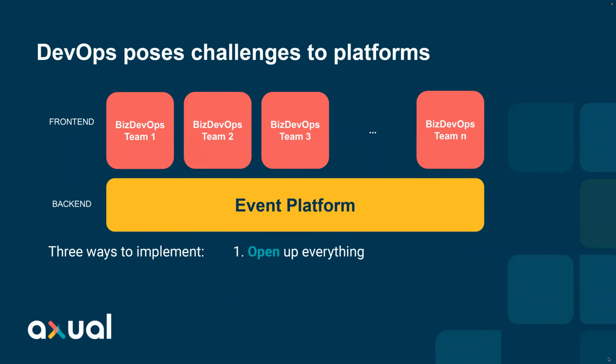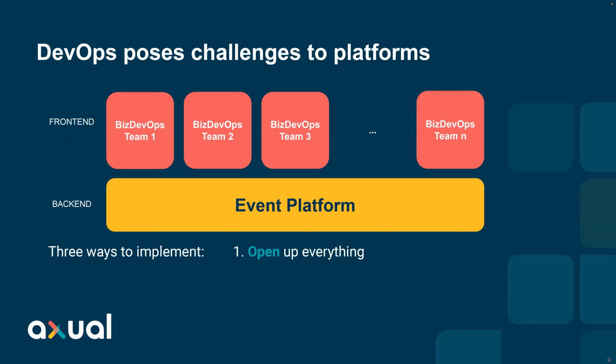Typically, organizations nowadays are organized in a DevOps kind of way, with different teams acting as autonomous representatives of the company towards their own markets, towards their own customer segments, having their own products. But then they are still expected to integrate on the backend event platform, which may or may not always be suited to that need.